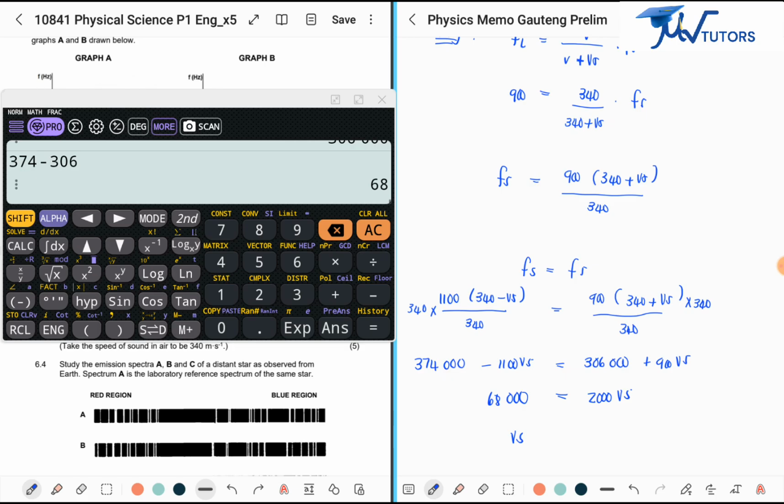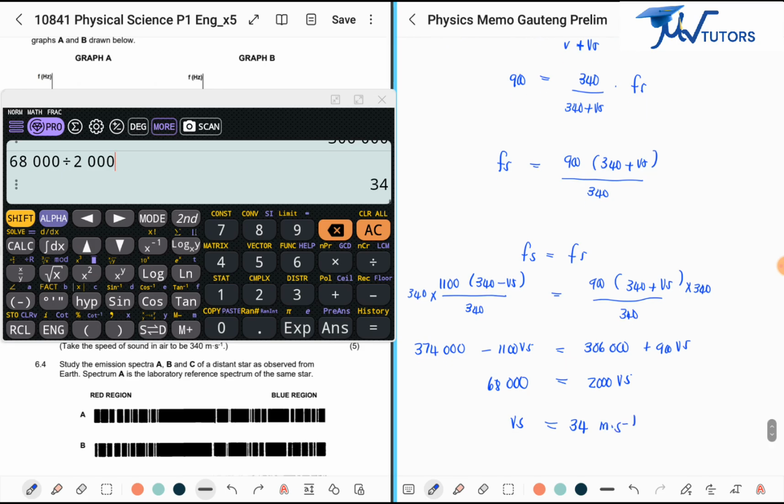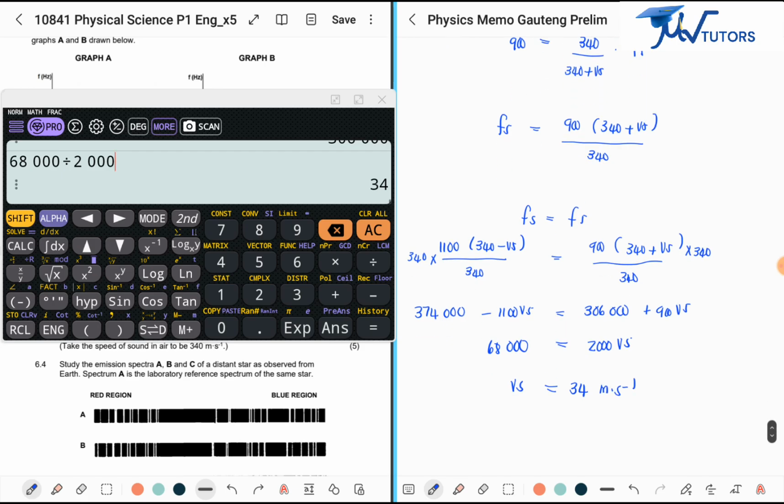So basically, the speed of the police car in this case is 68,000 divided by 2,000, and that is 34 meters per second. Whew, it must have been going quite fast. Probably exceeding the speed limit.